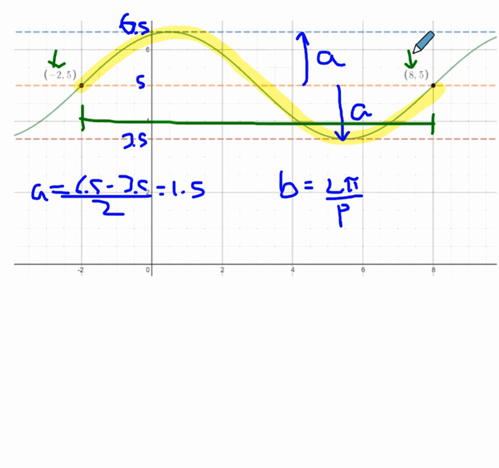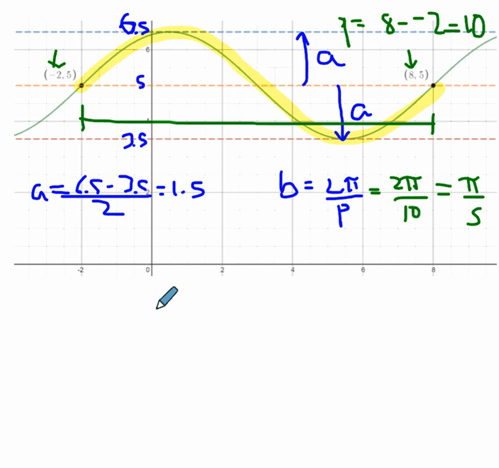So we can do 8 minus 2, and that's 10. So our period is 10. So we're going to calculate here 2 pi over 10, and we can simplify that. If we divide by 2 up and down, our b will be pi over 5.